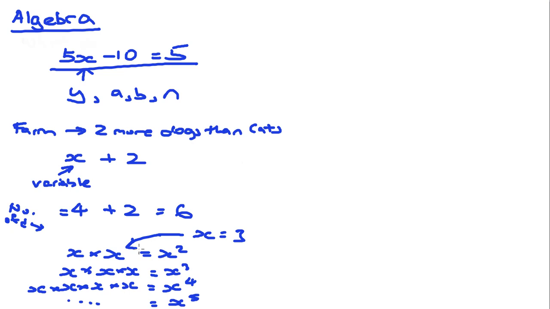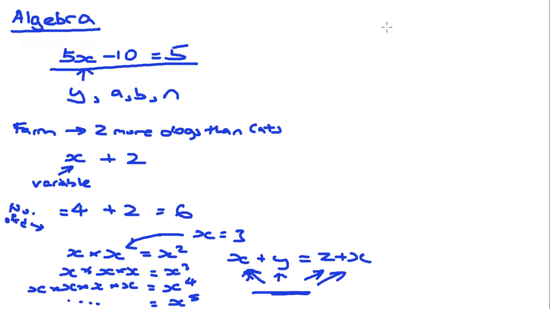If you want to express a different number, then you have to use a different alphabet. For example, x plus y equals z. These x and y can be different numbers, or they can be the same numbers as well. But if you are using x twice, so you say x plus x, these two x's must definitely be the same number.